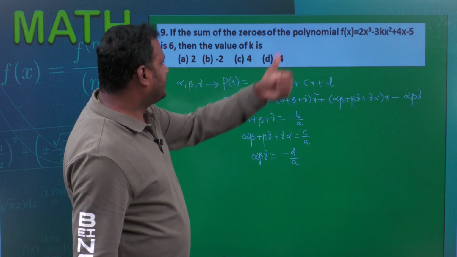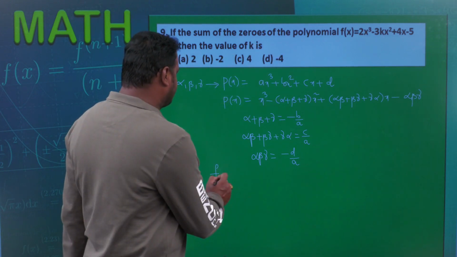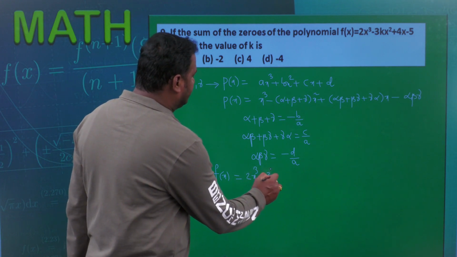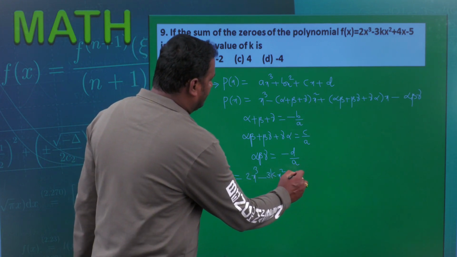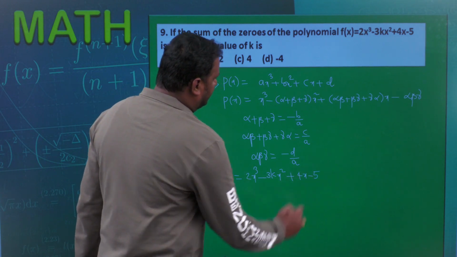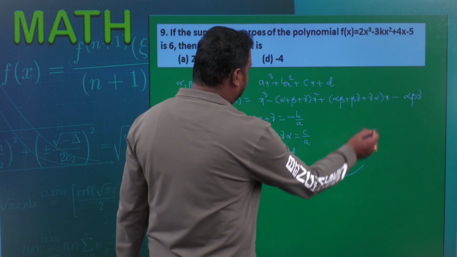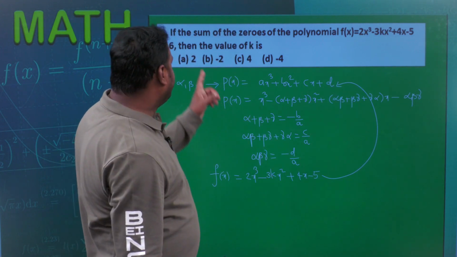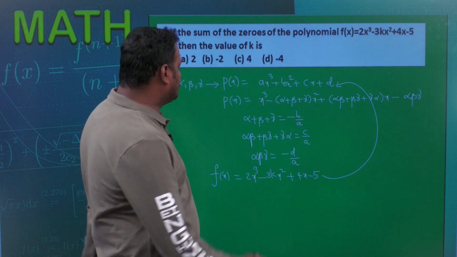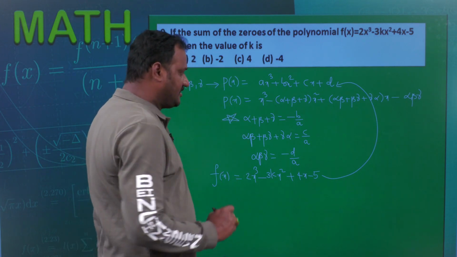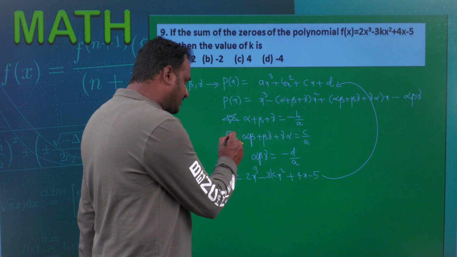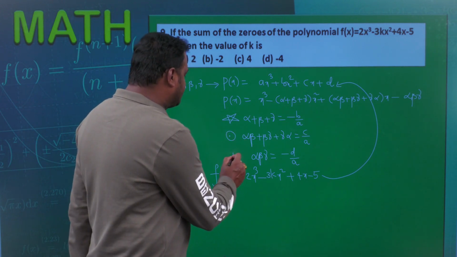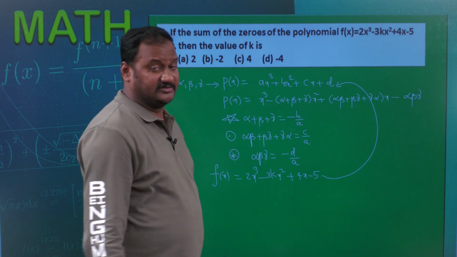Now our third degree polynomial is f of x is equal to 2x cube minus 3kx square plus 4x minus 5. Now if you compare this with ax cube plus bx square plus cx plus d, this is the sum of the zeros, and this is the sum of product of zeros taken 2 at a time, and this is the product of zeros.